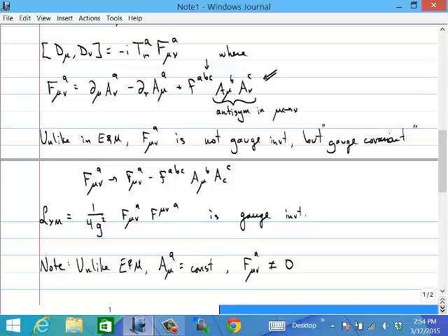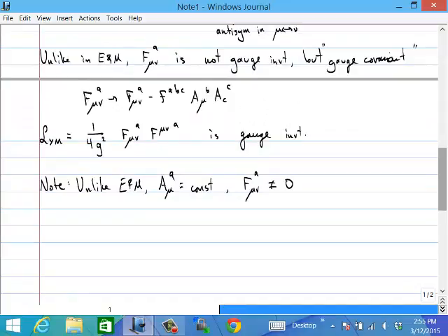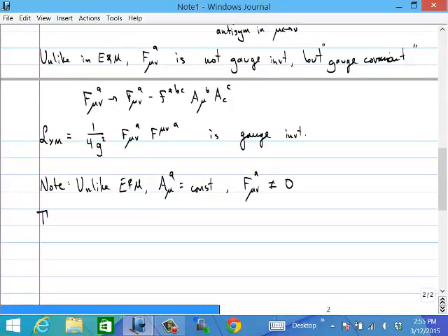So in principle now, it's completely straightforward to derive the Feynman rules from the action. And that's an exercise that we're going to go through next class.